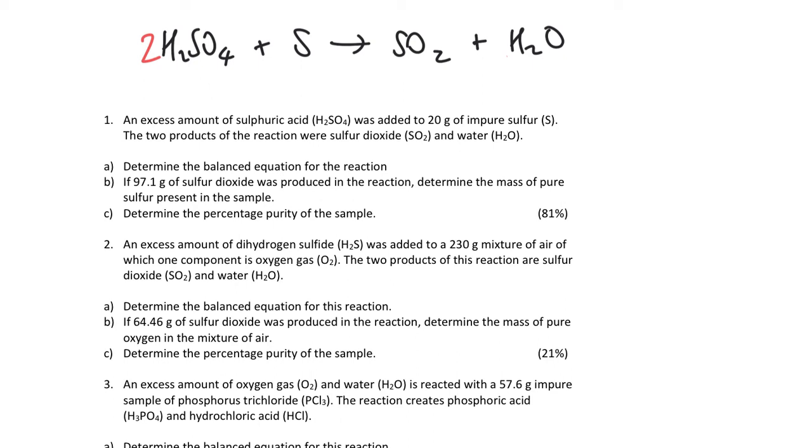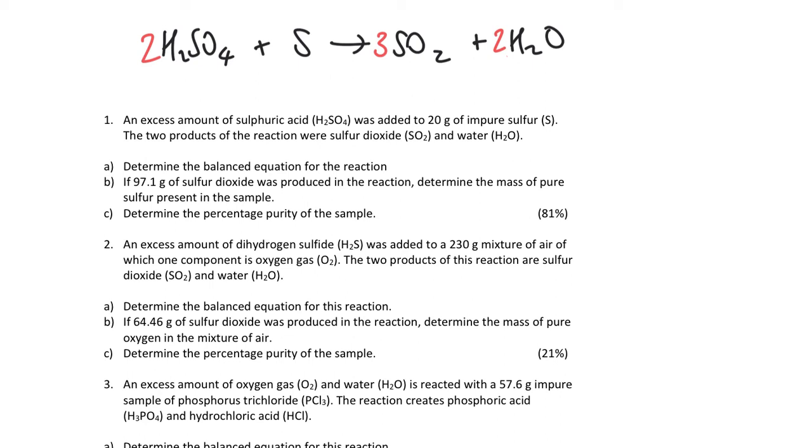So 2H2O will balance out the hydrogens. Then I've got 3 sulfurs on the left-hand side, so if I put a 3 there, that'll be the correct number of sulfurs. And I will have 8 oxygens, which is then balanced. Okay? That's the thinking.